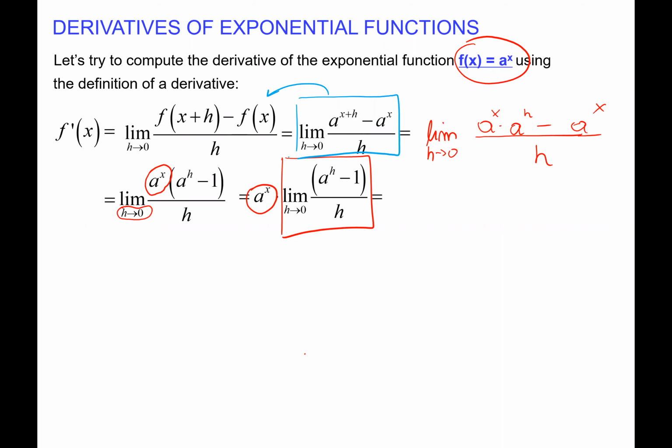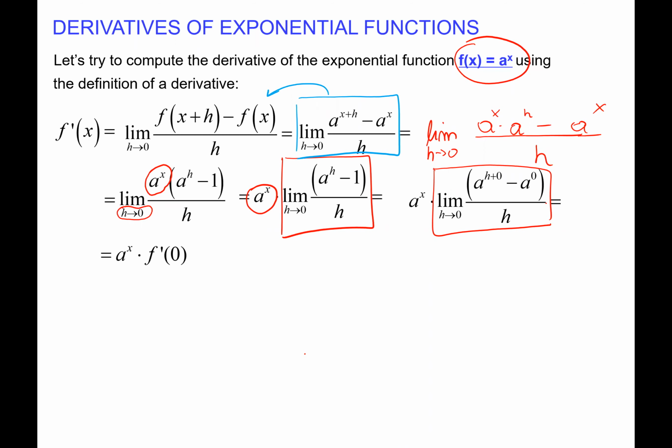But I'm trying to derive it nicely for you to see where the formula comes from. That means the red box is the derivative of the function a to the x at 0.